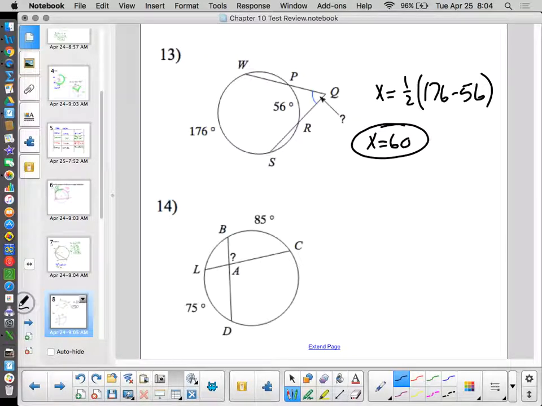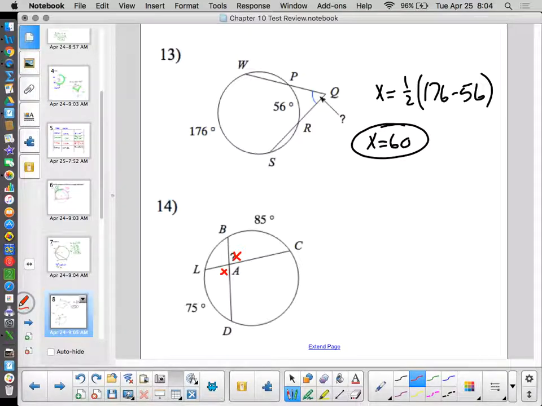Okay. Number 14. Hey, that's an interior angle. And for an interior angle, what do I know? I know the measure of the angle is half the sum of the arcs. Or, because these two are vertical angles, a lot of people don't like the half here, so they do it that way.